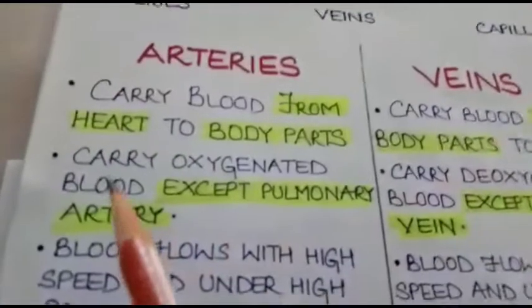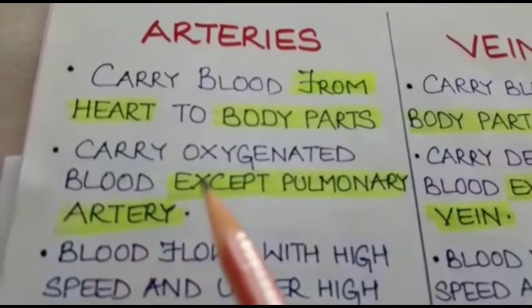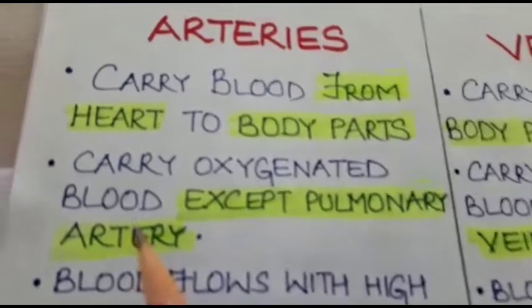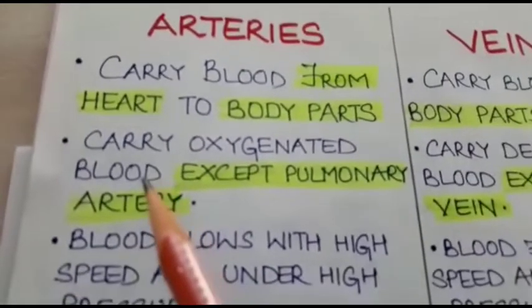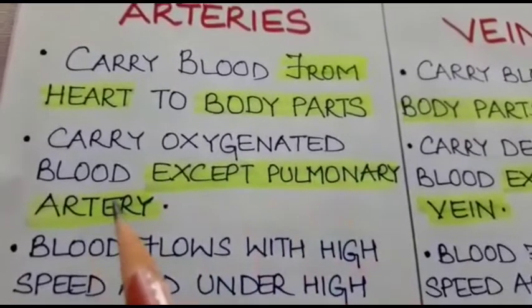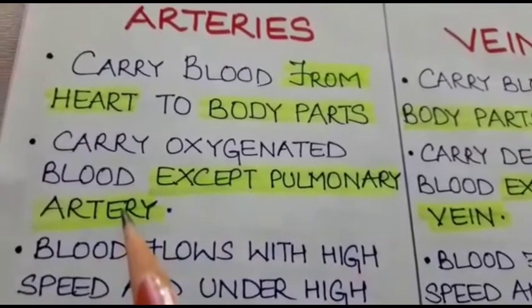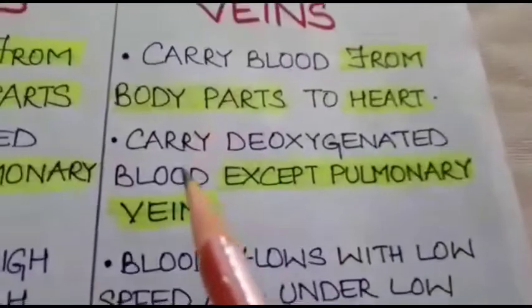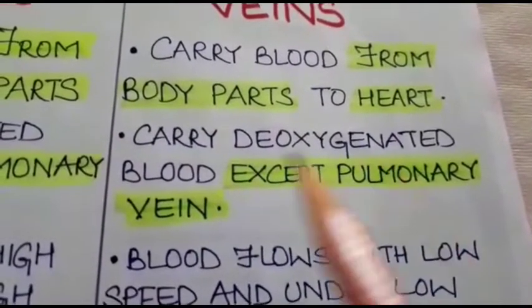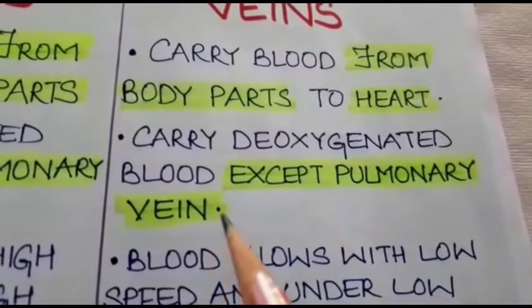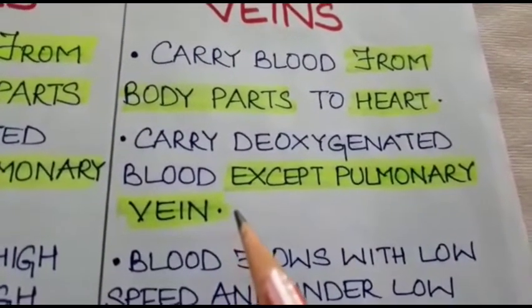Number 2, arteries always carry oxygenated blood. Oxygenated blood means oxygen rich blood, except pulmonary artery, which carries deoxygenated blood. On the contrary, veins always carry deoxygenated blood, except the pulmonary vein, which carries oxygenated blood.